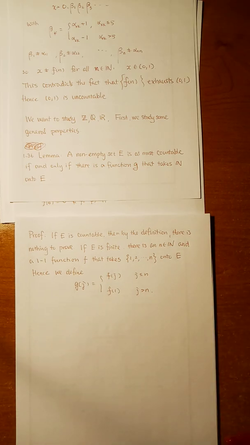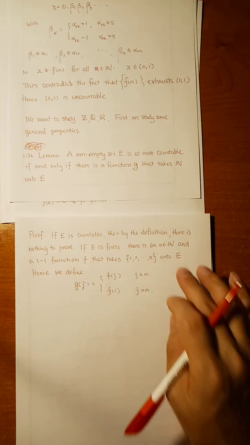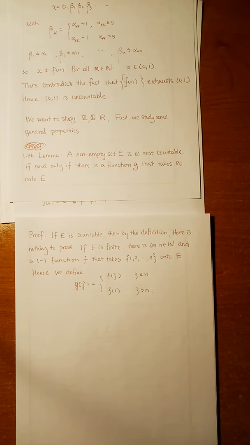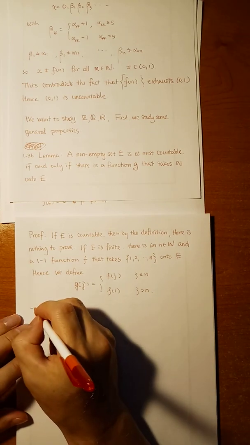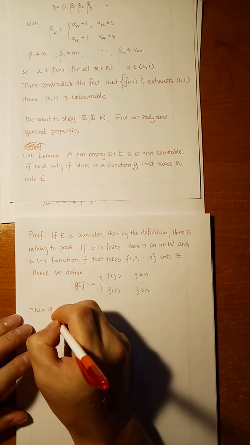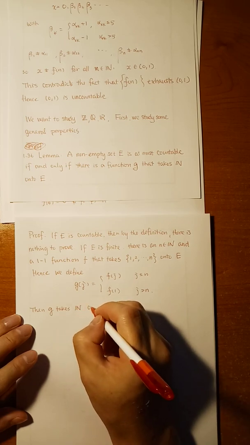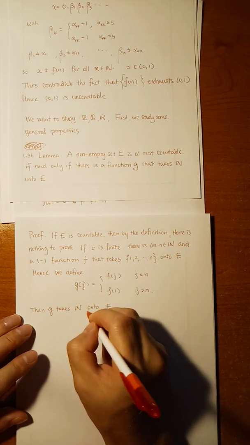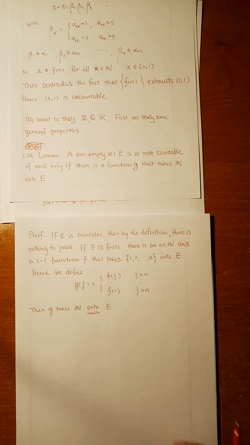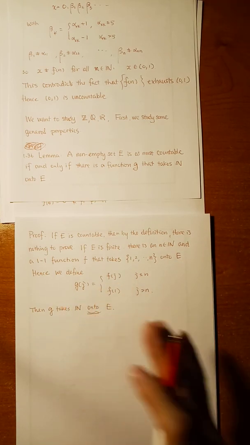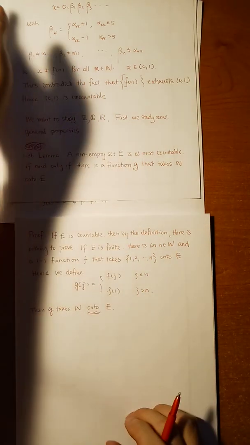You can use whatever value, it doesn't matter. Any value inside E will be okay. Or just repeatedly use it. Either works. Then this g takes N onto E. The important thing is that this is onto. So from at most countable, we can easily get the result.